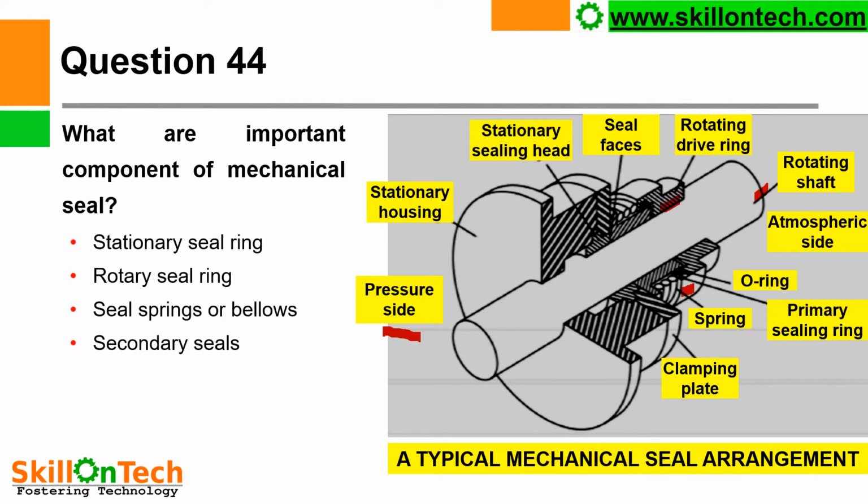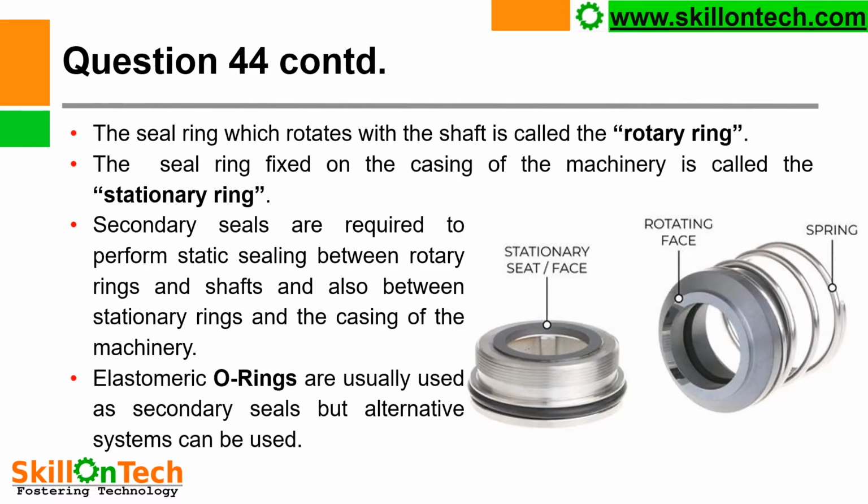This is a spring for providing pressure to the seal faces, and O-rings are provided. Here you can see this O-ring is provided. You can see in this picture that this is a stationary seal face, this is a rotary seal face, and this is a spring which provides pressure for the seal faces.